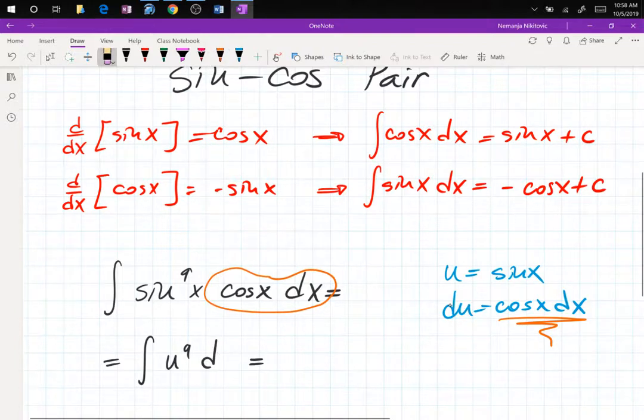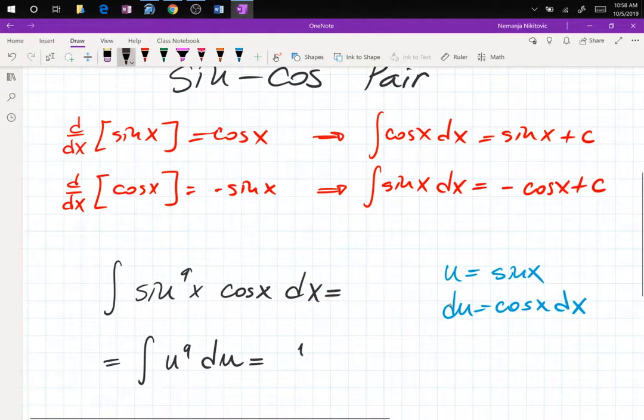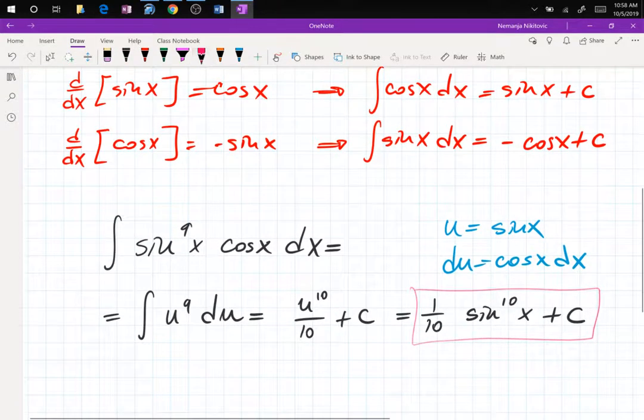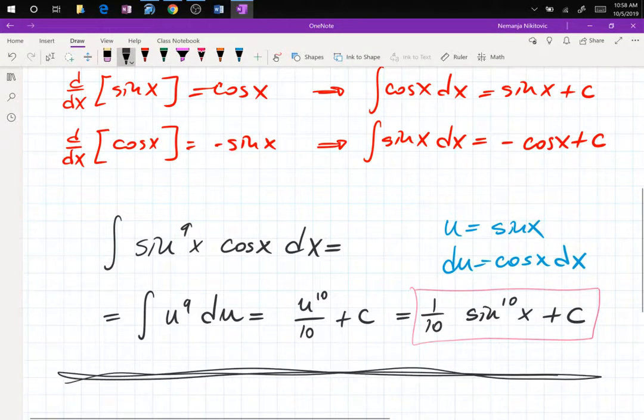No, du. There we go. So now this is going to be u to the 10 over 10 plus c, and we bring sine. So 1 over 10 sine to the 10 x plus c would be our answer. So that is the standard question from Calc 1 as a warm-up using basic U sub.